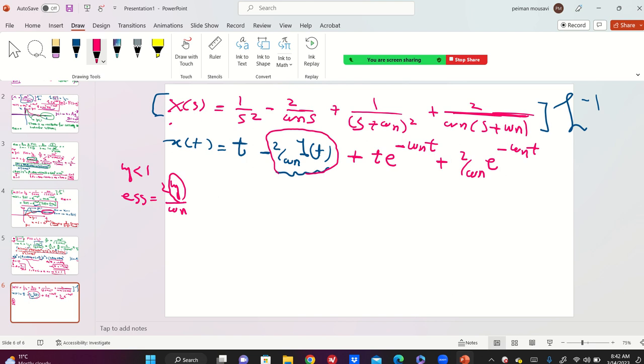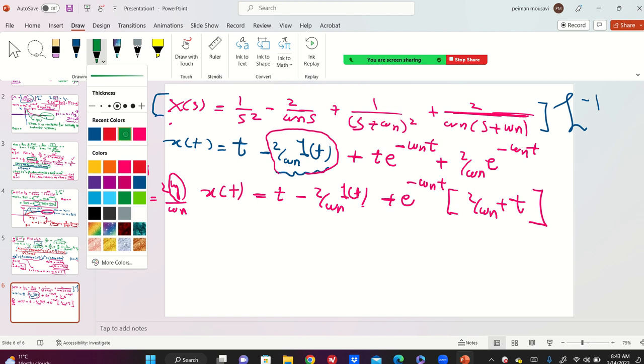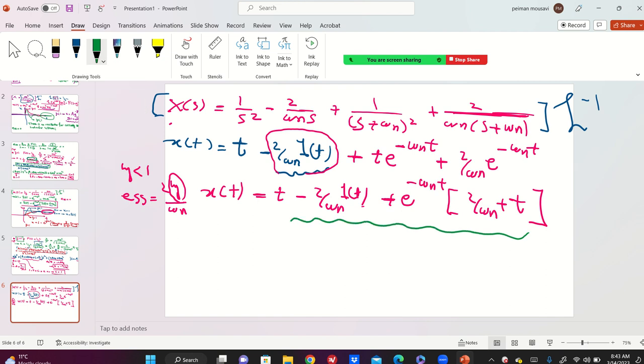Okay, so you can write that x of t equals t minus 2 zeta over omega n, zeta is 1, plus e to the minus omega n t, which we can factor out, 2 over omega n plus t. Obviously, despite the case of the underdamped system, there is no oscillation here because there is no harmonic term.